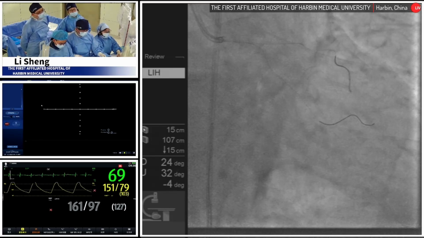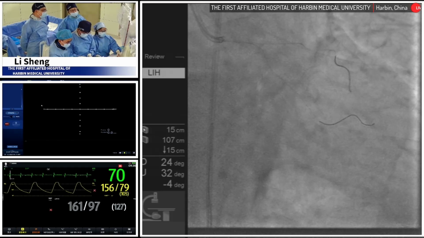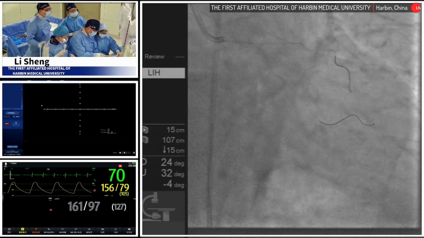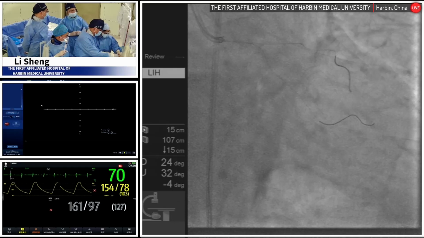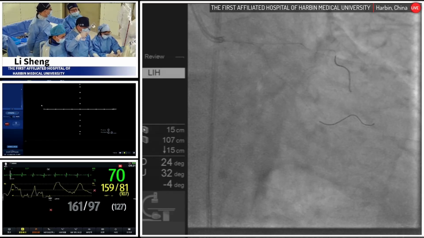But in our clinical practice, we usually want to know the position of the calcified plaque. In this IVUS, these calcified plaques are superficial. So maybe these superficial calcified plaques could be damaged by the cutting balloon or scoring balloon.